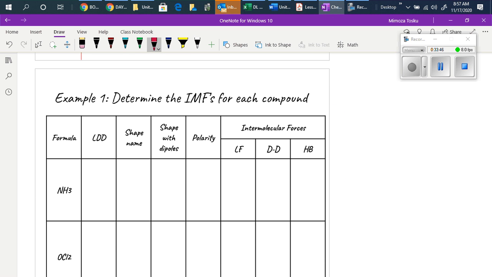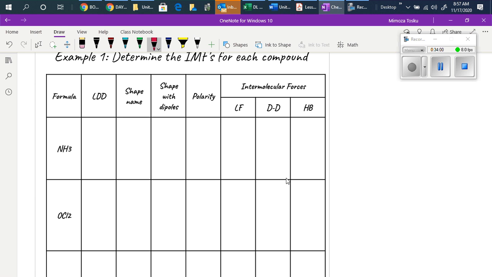Okay, so let's take a look now at this example that we have here, and we will discuss the types of forces. In this case, we will even do a short review of the Lewis dot diagram, the shape name, and how it looks, VSEPR, polarity, and then see what types of forces we have.